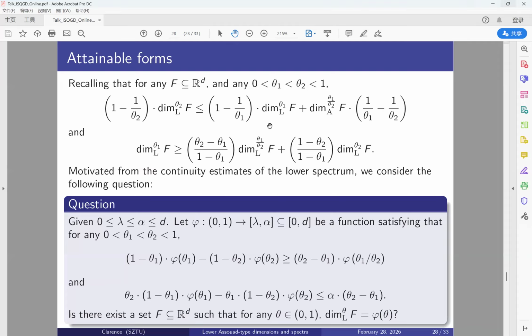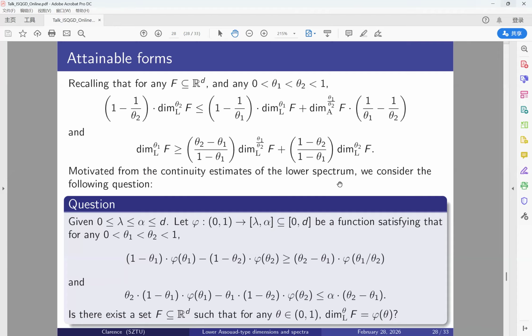Given lambda smaller than alpha smaller than d, if a function phi satisfies these two inequalities, which are just the interpretation of the properties of the lower spectrum, is there a set F such that the lower spectrum is strictly equal to phi? Some will ask this question like this.